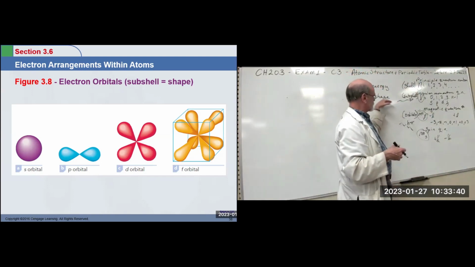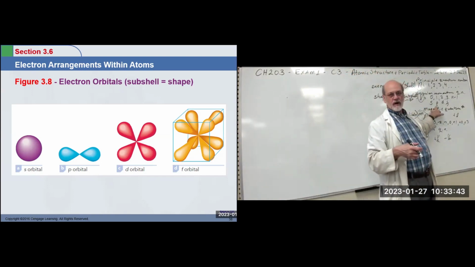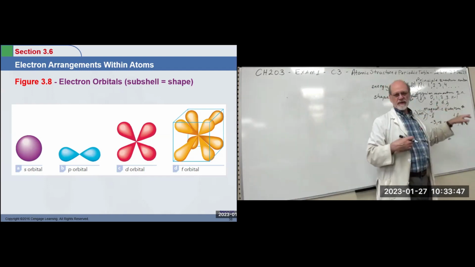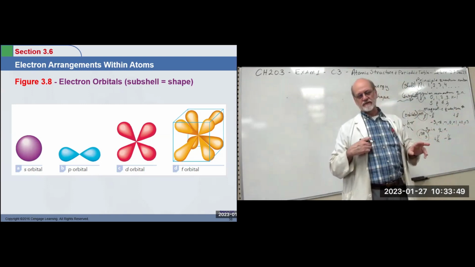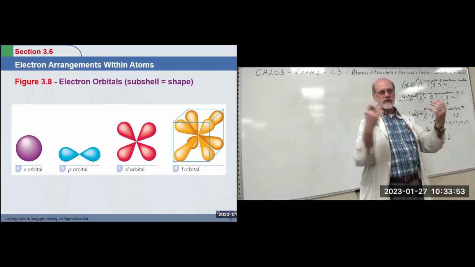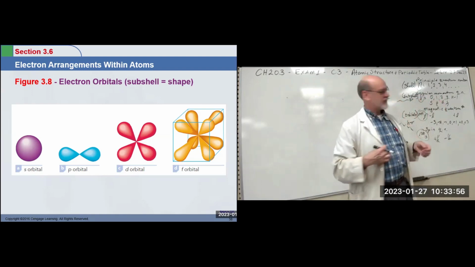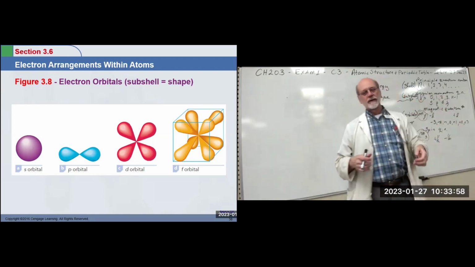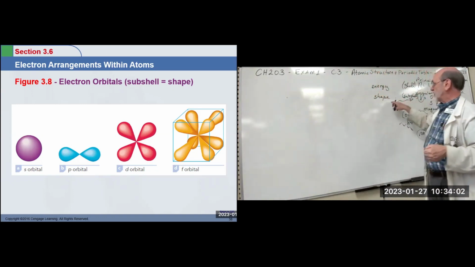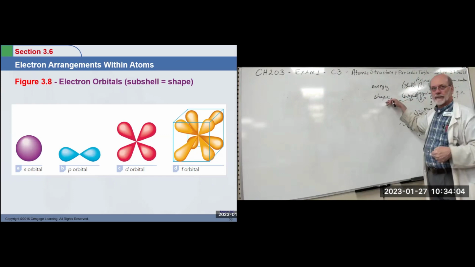But this refers to the shape. The p orbitals are kind of like dumbbells, and so are the d orbitals. But the d orbitals are not only dumbbells. They've got some orbitals in there that are donut shaped. And then the f orbitals are even more complex. But this subshell number refers to the shape.